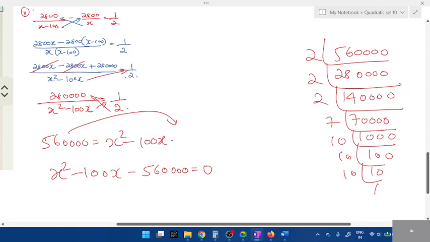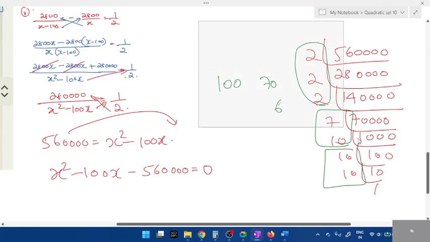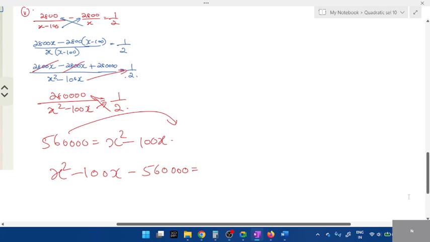I mean, if you add or subtract, which combination gives 100? So if you take this, it will give 100. You get 70. That's when this becomes lengthy. So just figure out this.